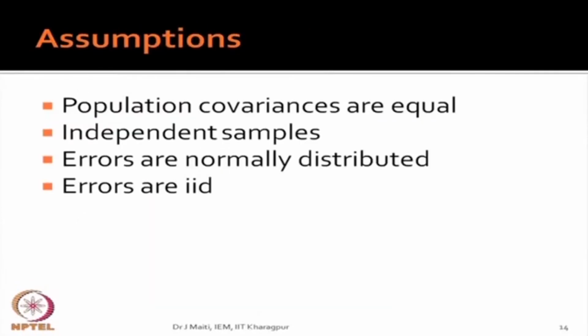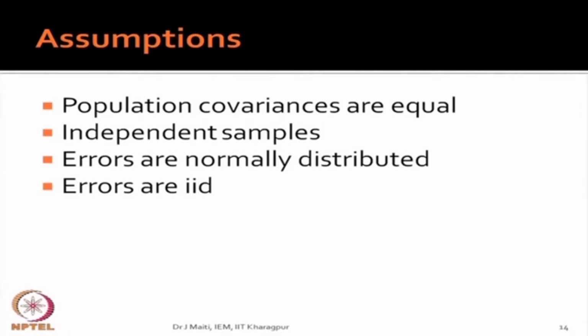What do you require to do? If you want to use MANOVA, you have certain assumptions. Those assumptions must be tested. What are those assumptions? Population covariances are equal, independent sample, errors are normally distributed, errors are IID.